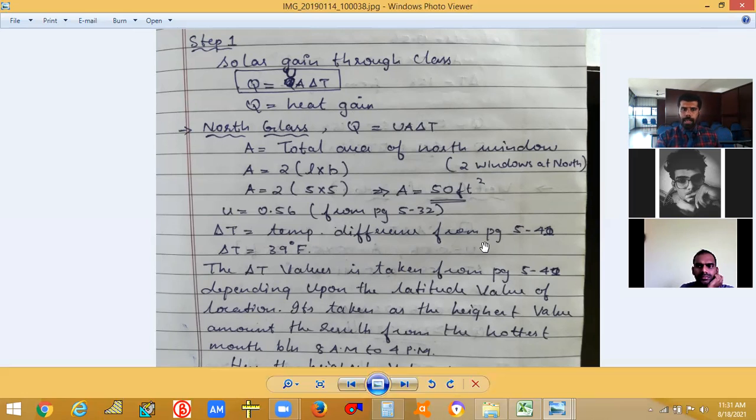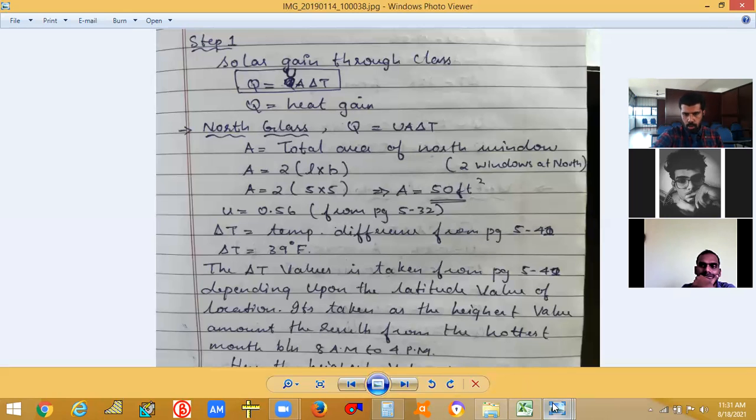And we have tabular columns for different U values for different glasses. Understood what I am saying? So in page number 5.32, there is a tabular column in which different glasses are given. And depending upon light color, medium color, dark color, its U factor is being given.